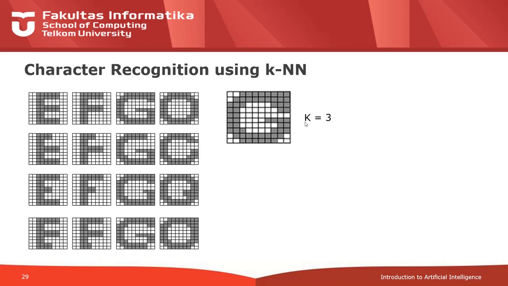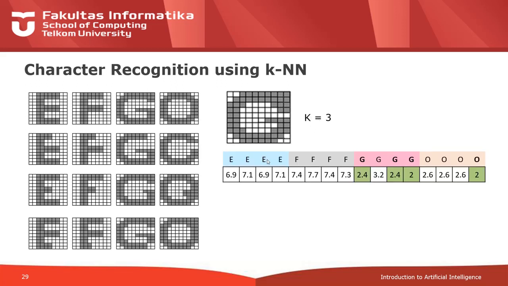So for example, if we choose K equal to 3, then after we do the distance calculation, for example, we have these results, and then we choose the three closest training data. So that means we have this one O, and we have this one G, and one more, which will be G also.